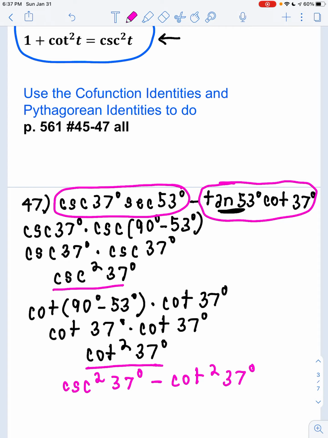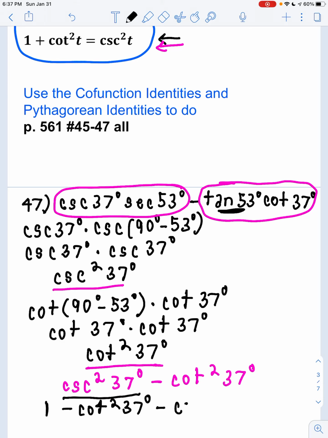So why did I do that? Well, again, I'm going way back up here to my Pythagorean identity, which says 1 plus cotangent squared equals cosecant squared. So what I'm going to do here is replace this. I'm going to say cosecant squared 37 degrees is 1 minus cotangent squared 37 degrees.